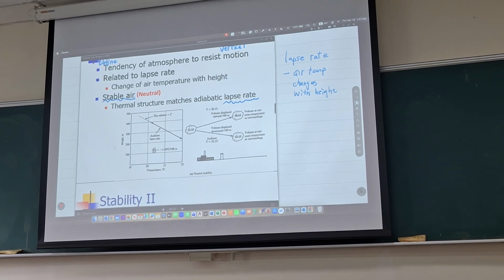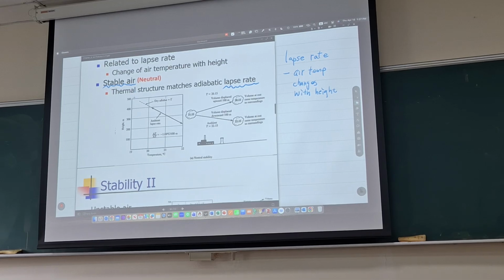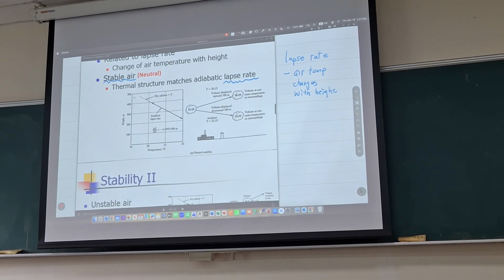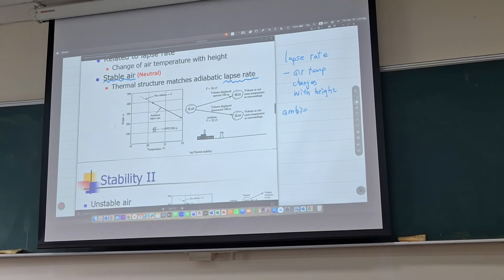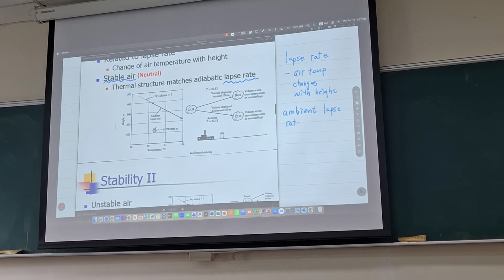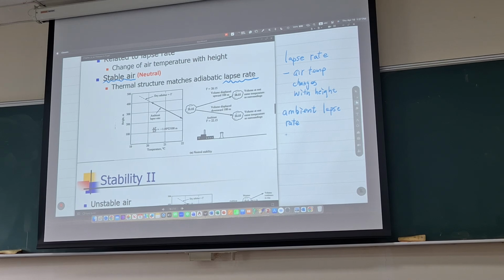Okay, so as you can see in these figures, the ambient lapse rate shown in this figure is minus 1 degree Celsius per 100 meters.